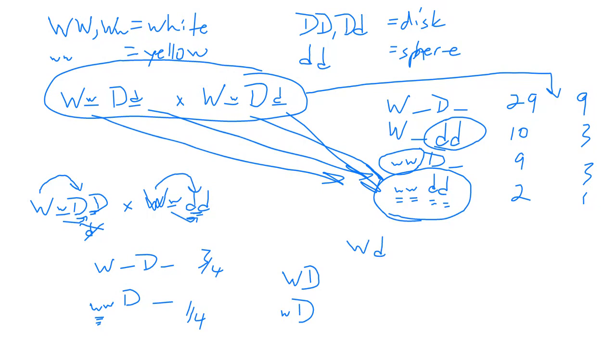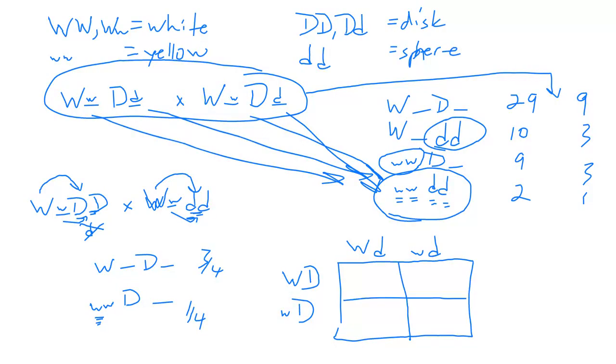Or a little w consort with a little d. Again, yes, there are two of each gamete, but I don't have to show them because I don't have to duplicate my efforts. Oops, two little w's here.